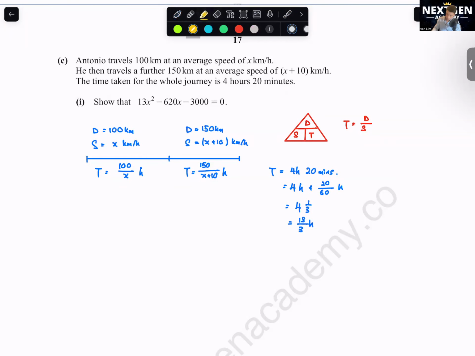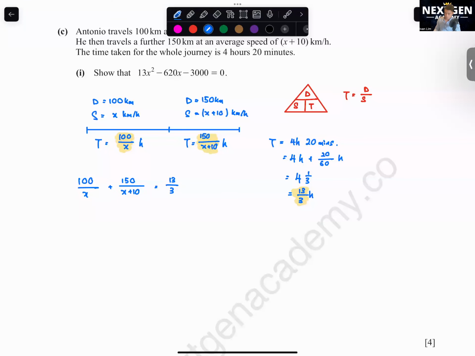So I'm going to add up all of these together: 100 over x plus 150 over x plus 10 equals 13 over 3. So this will be the equation. What can we do?